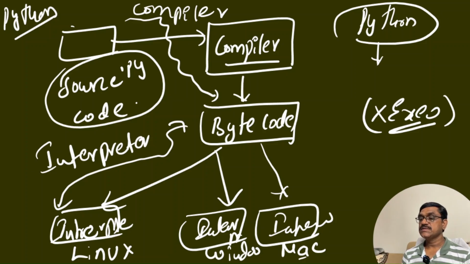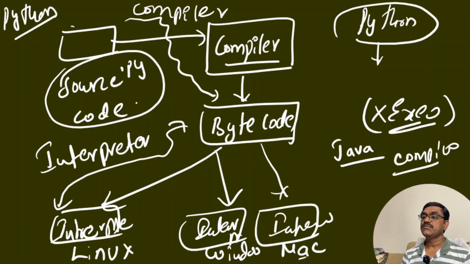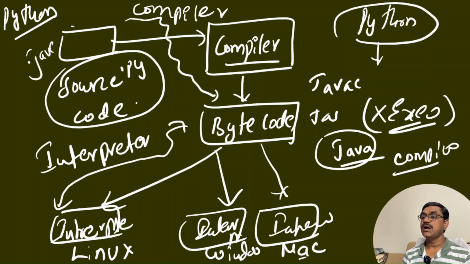I have given Java as an example of a hybrid programming language. Java uses both a compiler as well as an interpreter. If you know Java, we use javac and also the Java interpreter. The source code of Java has the extension .java.